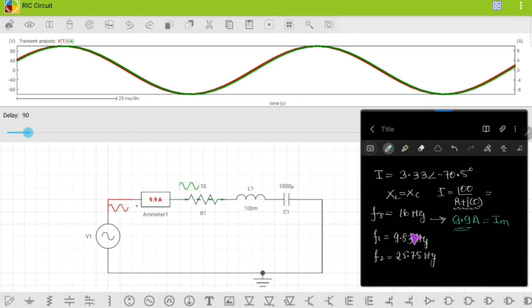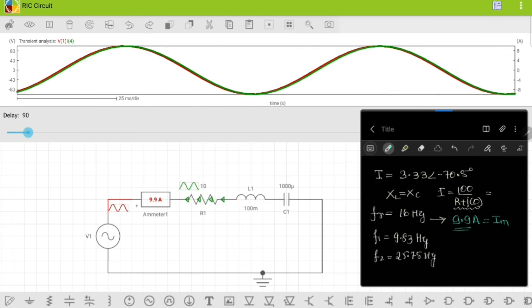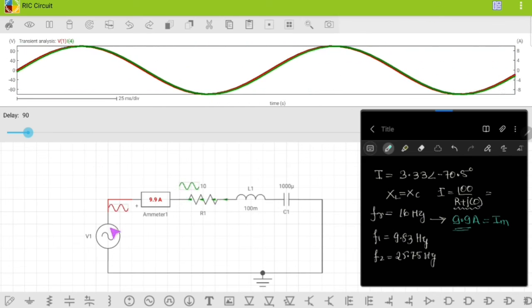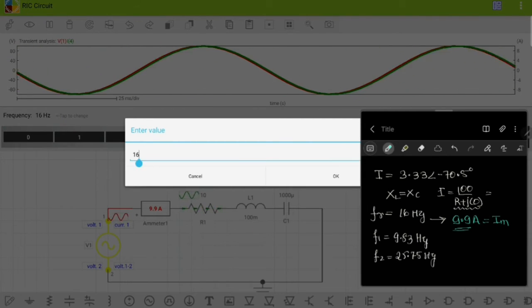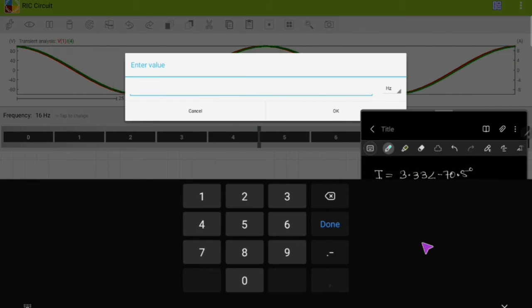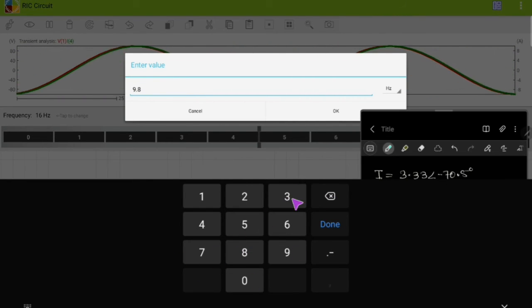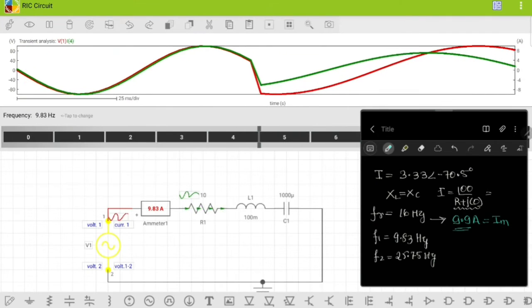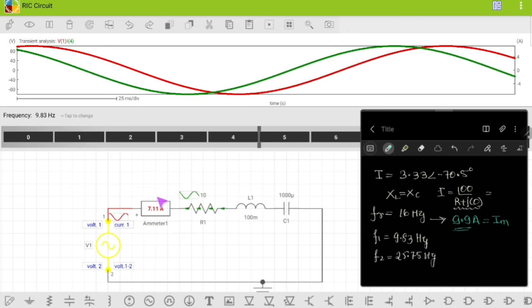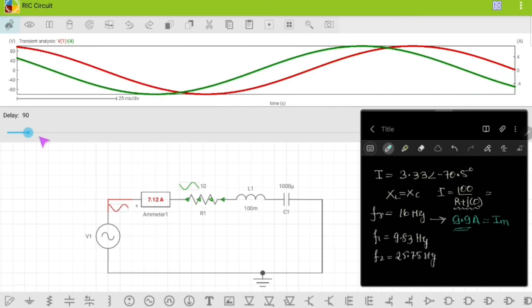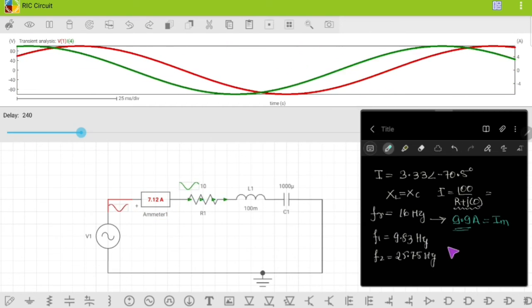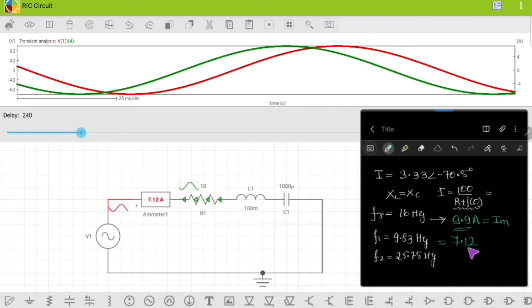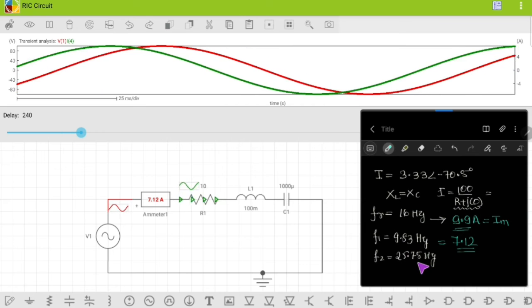What will be the current at half power frequency? That should be 9.99 divided by under root 2. Okay, so if we change the value of frequency to the half power frequency, that is 9.8, now you can see the value of current has reached 7.12. Okay, and we will get the same current at 25.75.